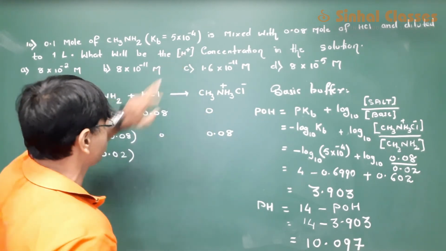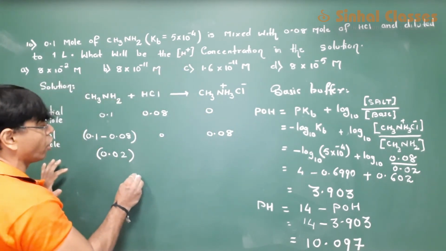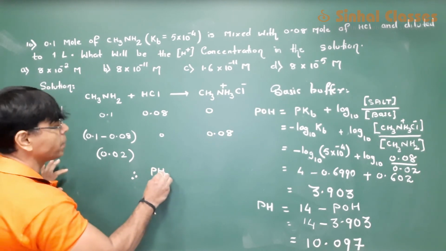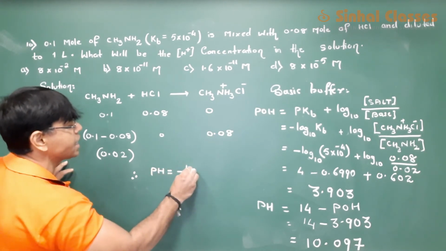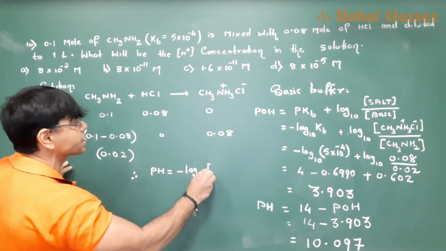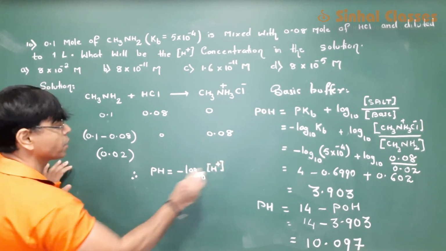We wanted H plus. Now we know that pH is negative log to the base 10 of H plus.